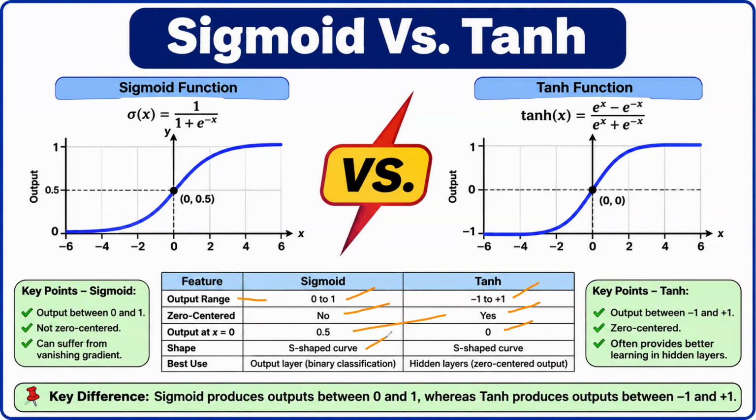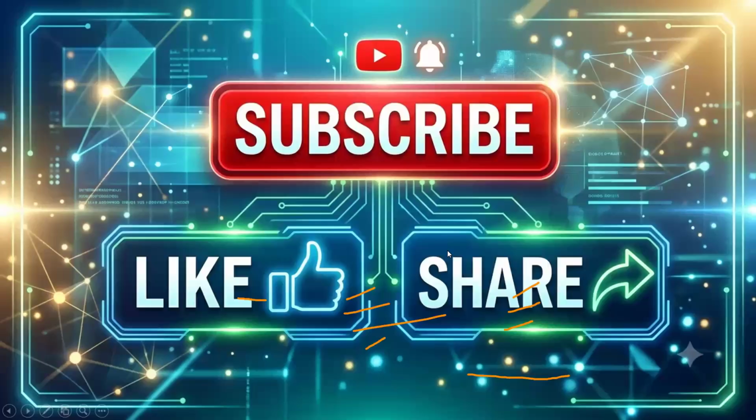The curve shape is the same, S shape, and sigmoid is better for binary classification, that is 0 or 1. And tanh is used if there is zero centered value or zero centered output. So these are the key differences between tanh and sigmoid function, and sigmoid is already covered in lecture number 5.